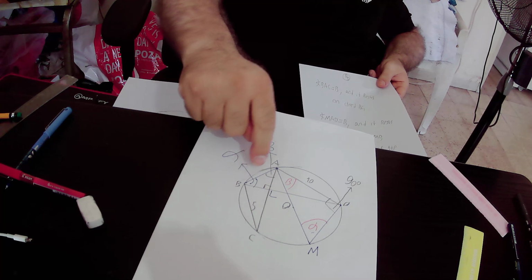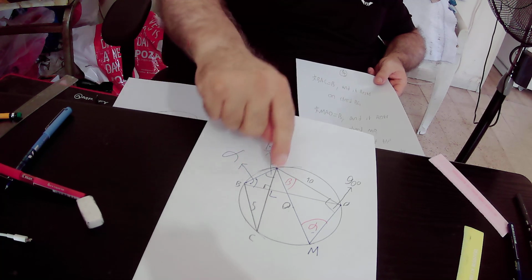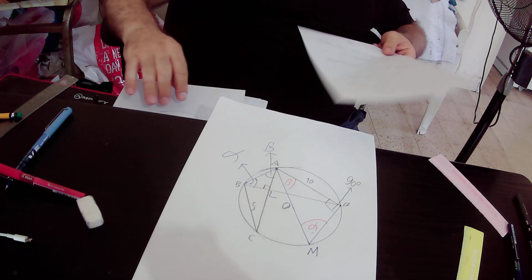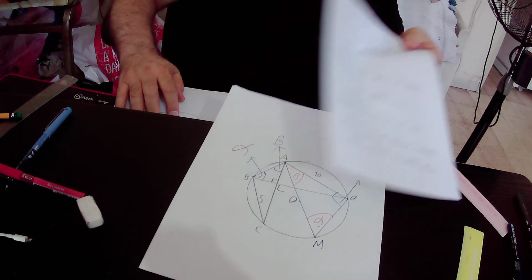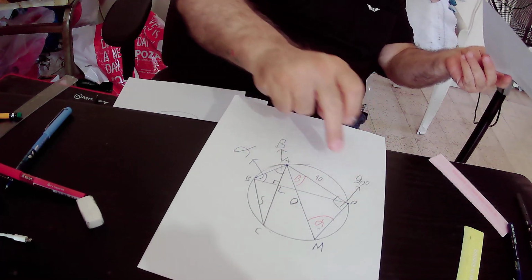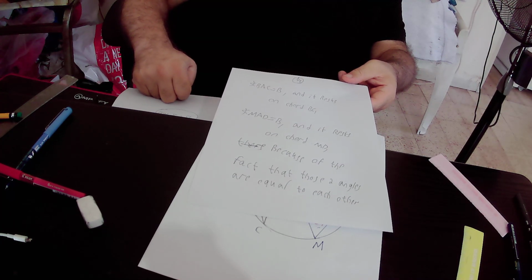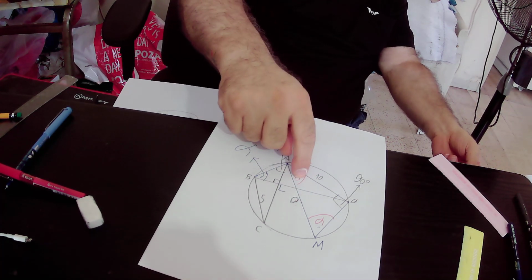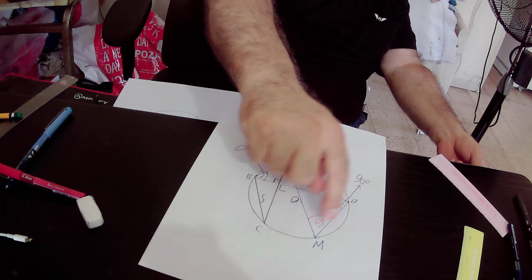Angle BAC that equals beta rests on chord BC. Angle MAD that equals beta, and it rests on chord MD. Angle MAD that equals beta rests on chord MD.